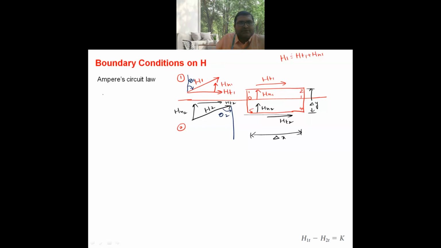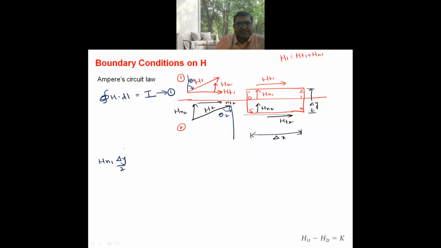And from Ampere's circuit law, we know that the closed line integral of magnetic field around a closed path is equal to the current enclosed by that path. Here, from 0 to 1, 1 to 2, 2 to 3, 3 to 4, 4 to 5, and 5 to 0, we have to apply this condition. Let it be equation 1. From 0 to 1, Hn1 delta y by 2.